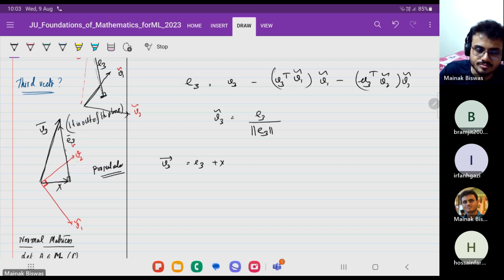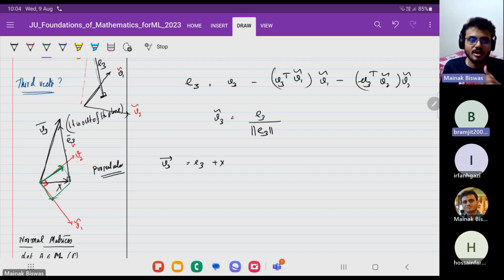There will be components along this line, and you will have a component along this line, right? Such that you have this. And whose component will you be taking? So one would be the component V3 dot V1. Right. Correct.